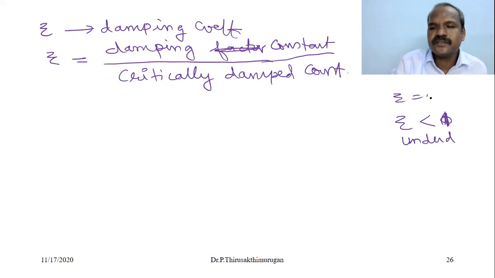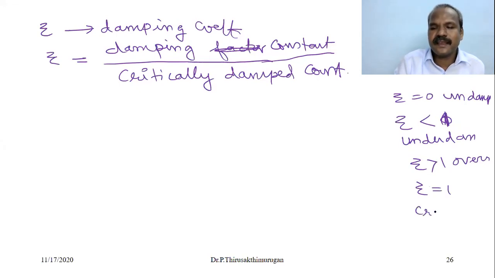When zeta equal to 0, undamped. When zeta less than 1, underdamped. When zeta greater than 1, overdamped. When zeta equal to 1, critically damped.